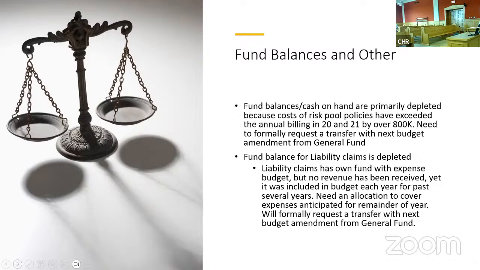I think it's crossed too many hands, this cost allocation. And for a number of years, they were just adding an increment to it, but not actually analyzing it. You actually have to be intimate with what the risk pool is going to charge us. They're telling us what it's going to be for next year, so I know what to put in there.